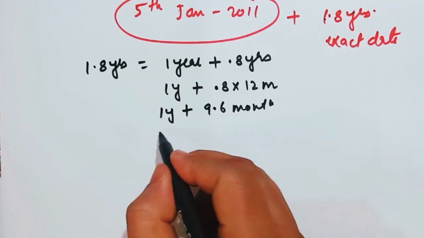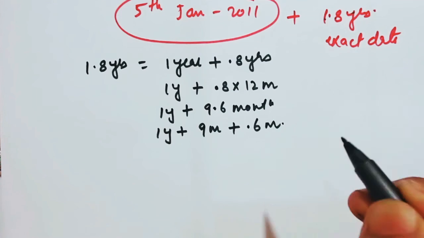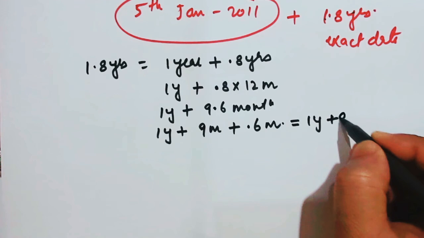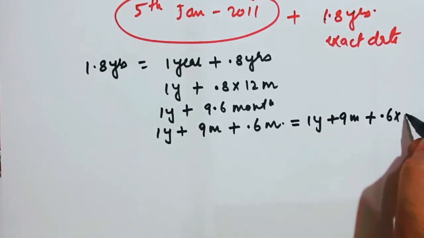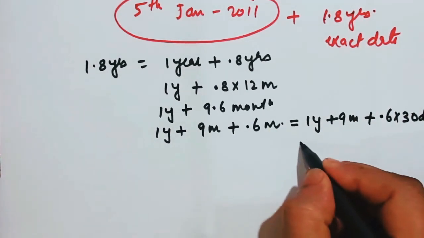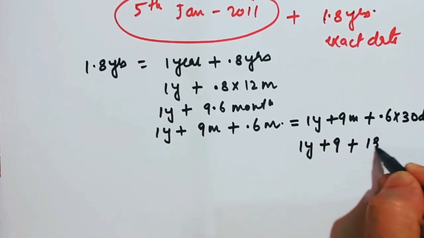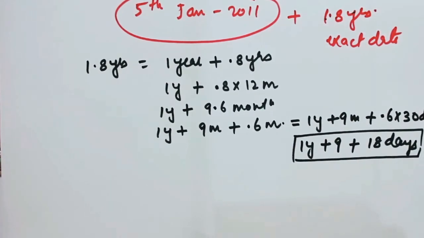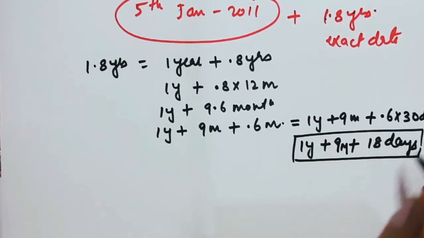So 9.6 months means 1 year plus 9 month plus 0.6 month. So 0.6, when you will multiply it by 30 in order to change into days, you will get your time as 1 year plus 9 month plus 6 3s are 18, that is 18 days. Yes, I am able to convert 1.8 years to year, months and days.